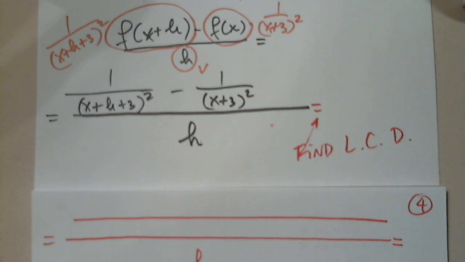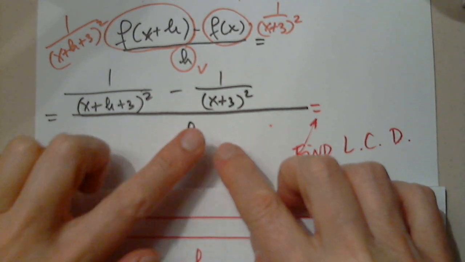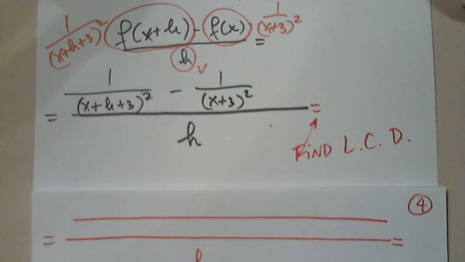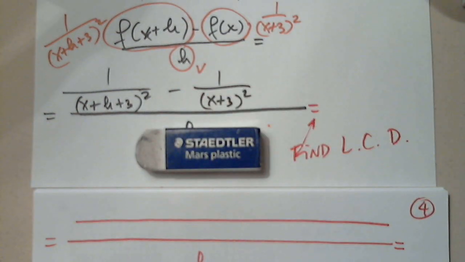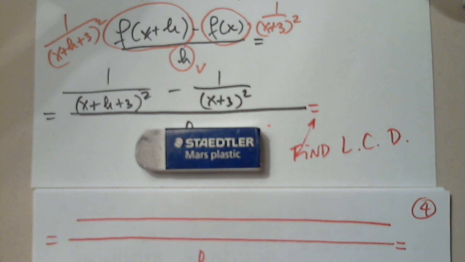What do you think? Is it h? So this is one thing. Would it be x plus 3 squared? Okay. Anyone else? This is very important, so we need to discuss this.